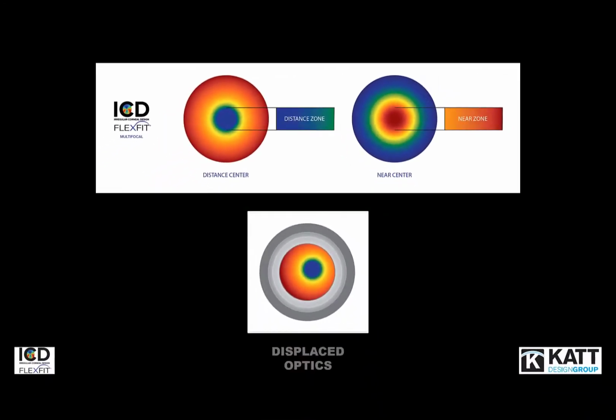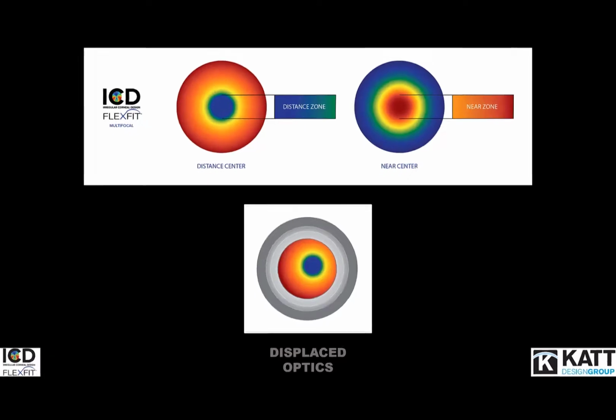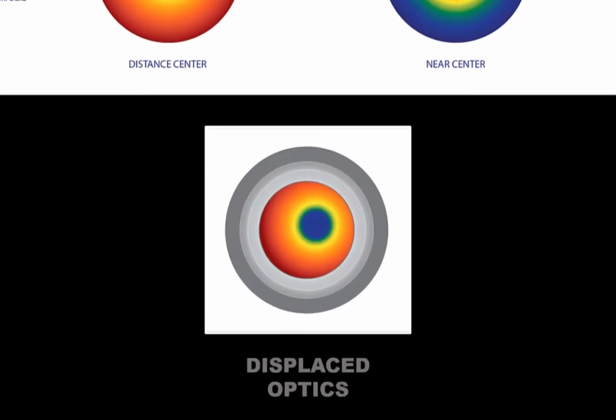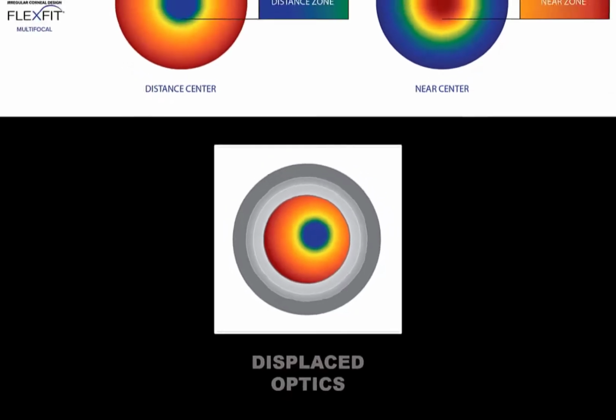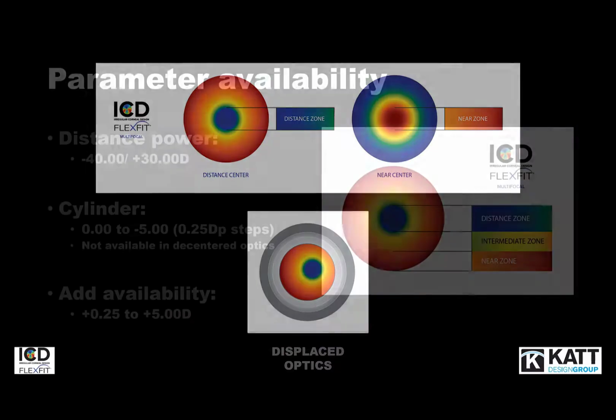The ICD FlexFit multifocal really provides the flexibility and customization that you need for the wide range of patients that we see. Additionally, this powerful lens can be ordered with displaced multifocal optics, which we'll discuss later in this video.